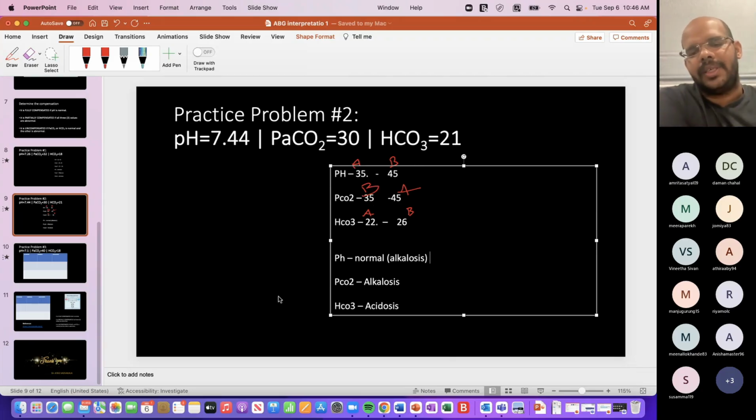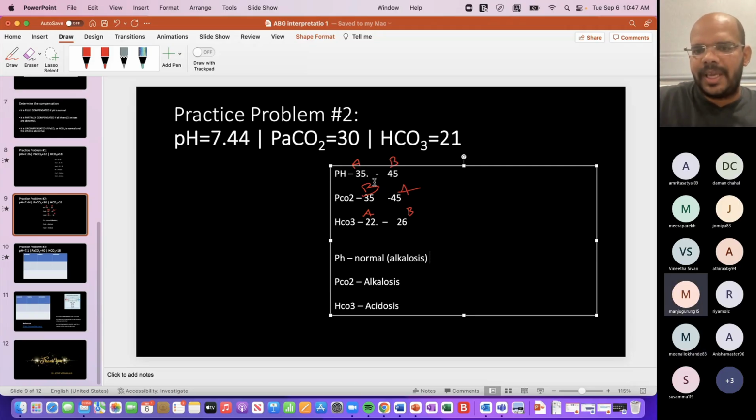So now tell me what is the compensatory mechanism? The pH is normal, so it's compensated, fully compensated. So what is your answer? Fully compensated respiratory alkalosis. Has everyone understood this problem? Yes, sir.